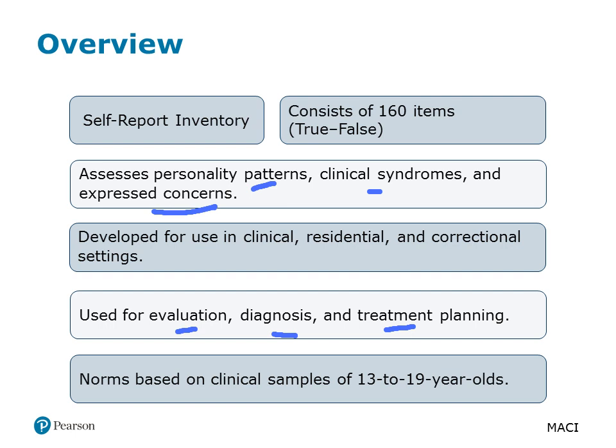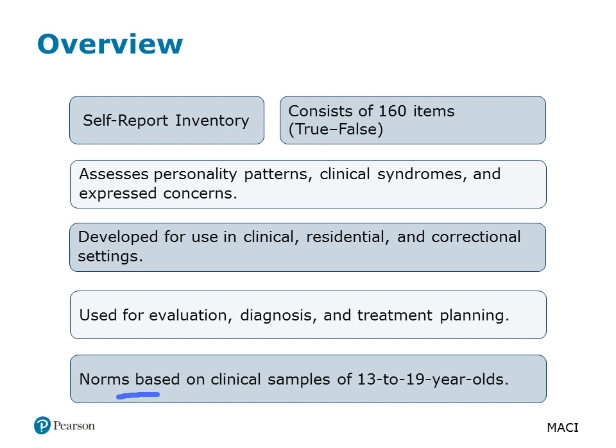Now, I mentioned before that the MACI is used in settings where we are likely to encounter troubled teens. It's important for you to know that the focus of the MACI is on clinical concerns, and the MACI is used in clinical settings.